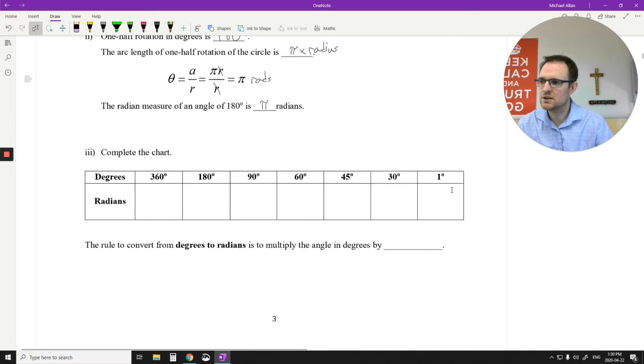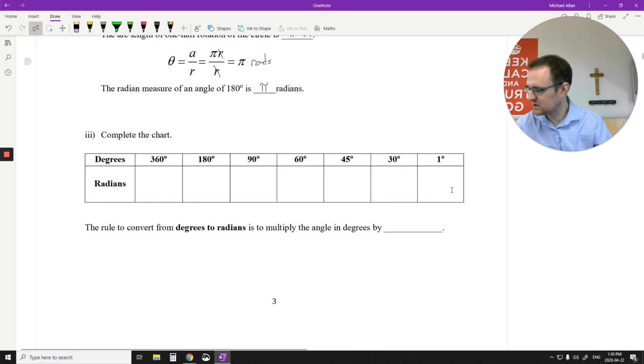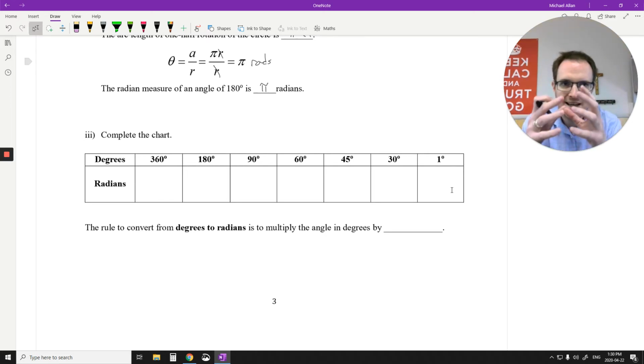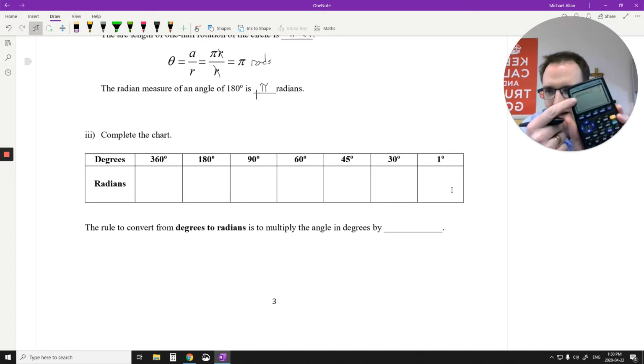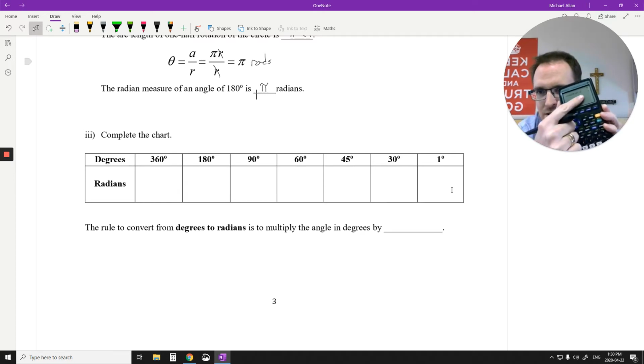Okay, so this next little chart delves into what we deal with when it comes to radians. We like to try to keep our radians as exact answers as possible. But if I just hit the pi button on my calculator, it's a non-repeating decimal. It doesn't terminate, it just keeps on going.